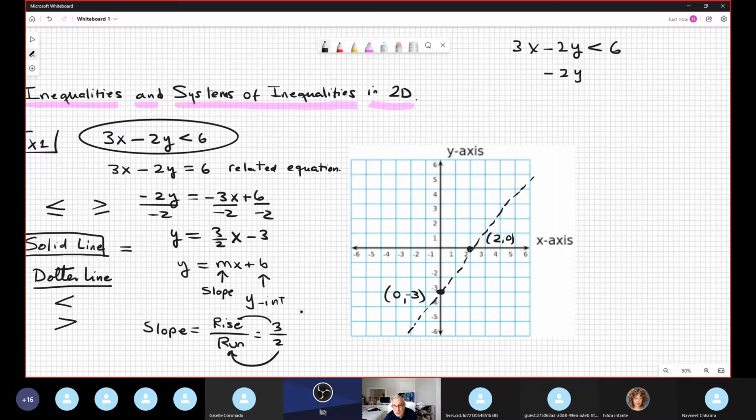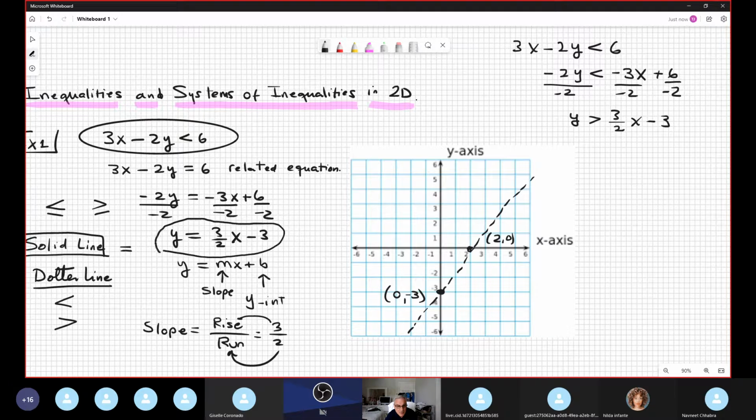Minus 2y less than minus 3x plus 6, and divide by minus 2. It's better, guys, to work like an inequality, and after that change the inequality to an equation. When you divide by a negative number, you remember that you reverse the direction of the inequality sign. So y greater than 3/2 x minus 3. It's the same thing that we computed before.